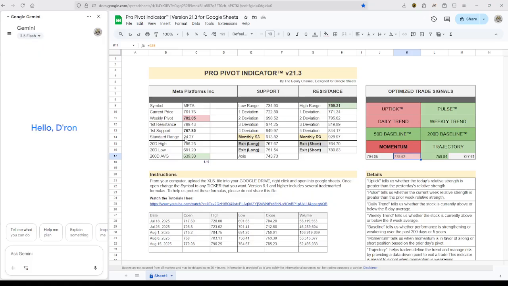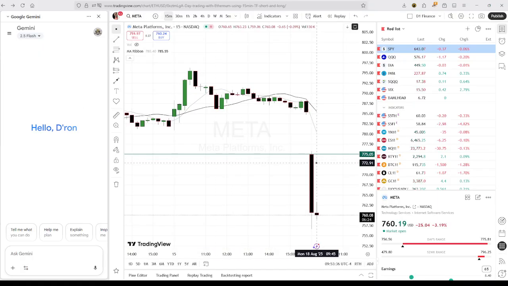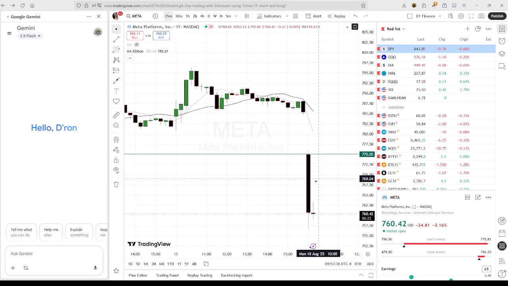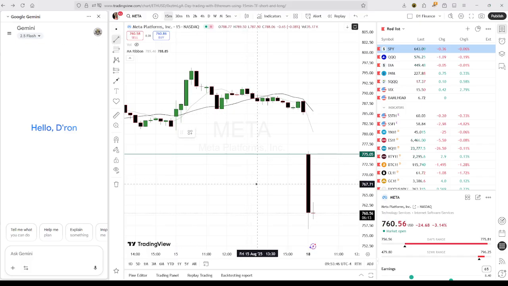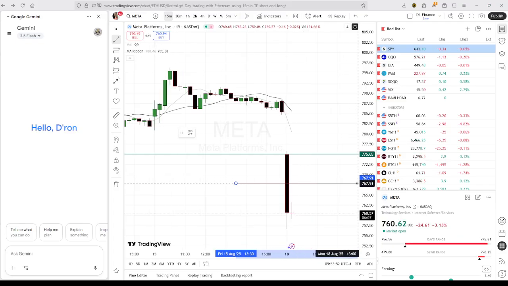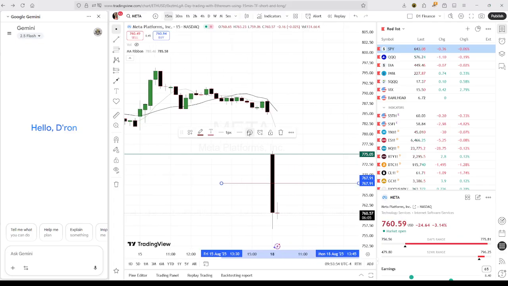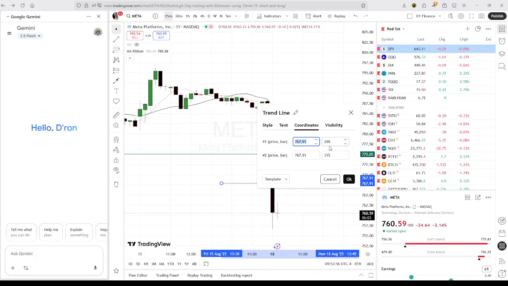But what I want to look at here is starting with the 767.85. If we did see some upside here, right around 767.85, I want to see that holding as resistance. All right, let's punch that in.